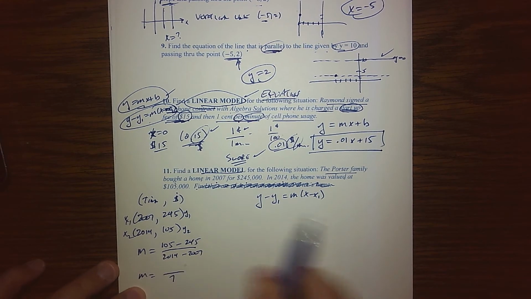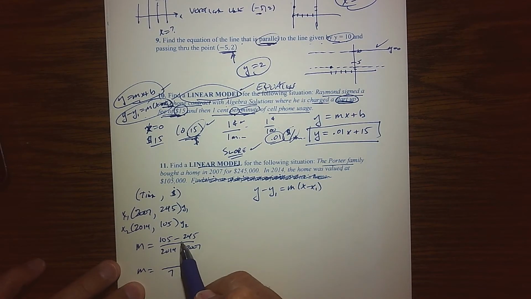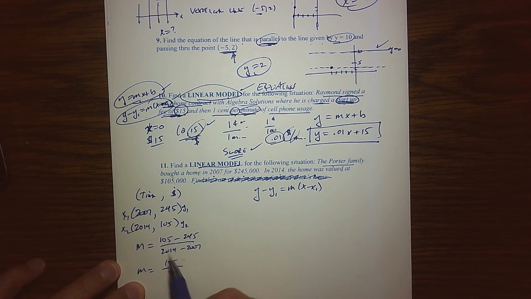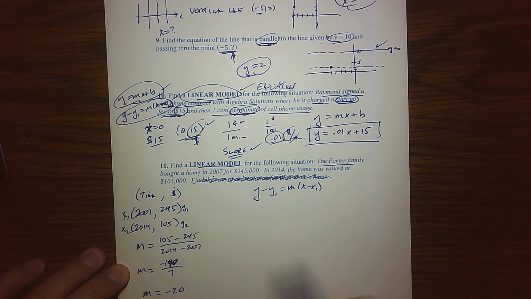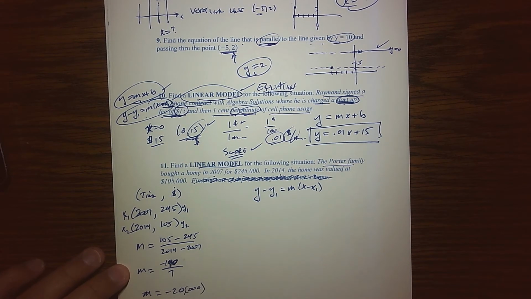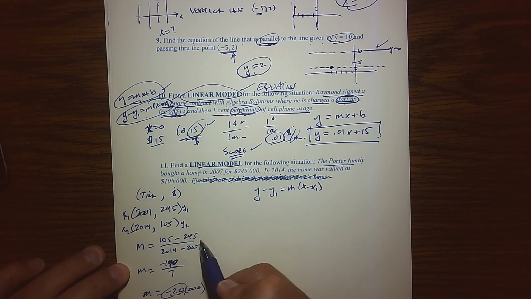I know the bottom is 7, and I believe up here we get 135. Oh, no, 140. Sorry, negative 140. And that turns into negative 20. So basically they're losing $20,000 per year. But we'll keep it at negative 20 since we've lopped off all those zeros.